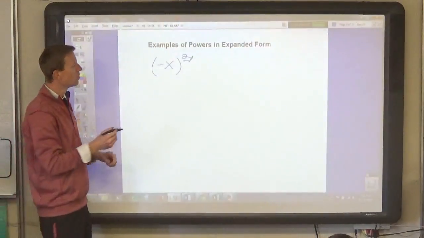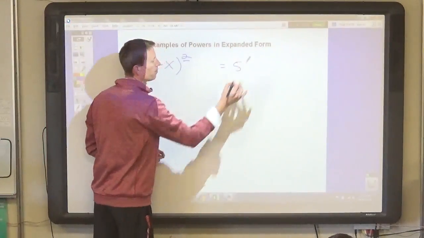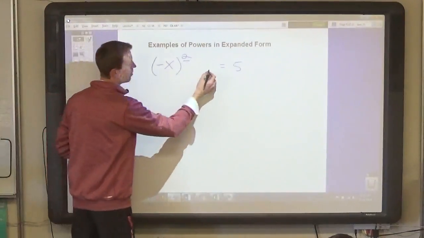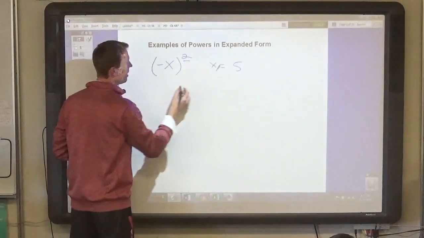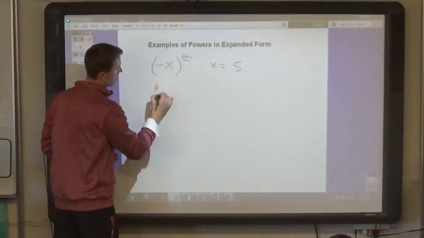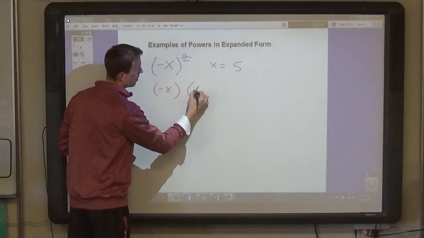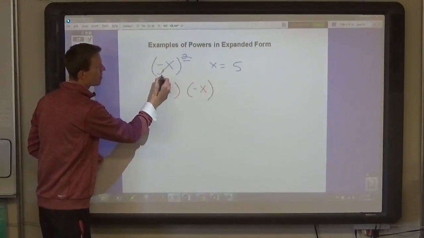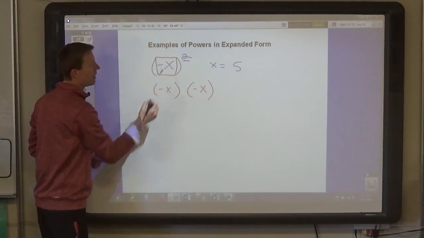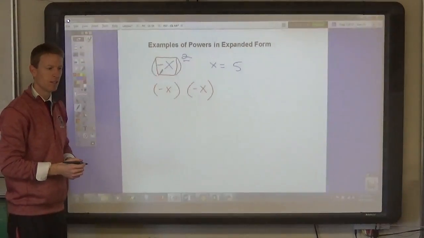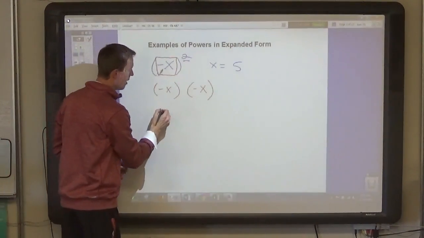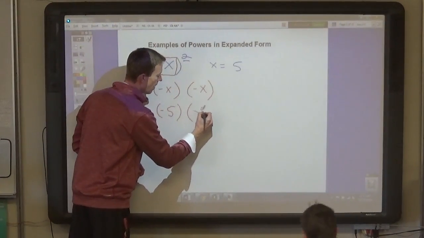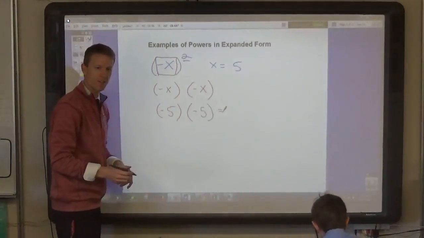So, if x equals 5 again, now what this means is negative x times negative x. This entire thing is the base of the exponent. And when you replace the x with 5, it is negative 5 times negative 5, which is positive 25.